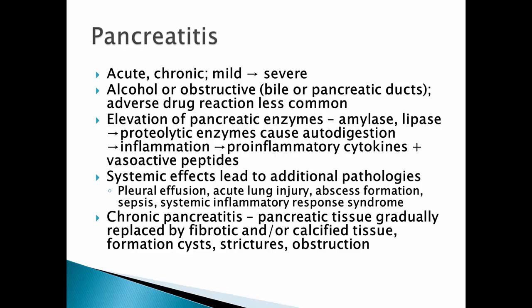Pancreatitis occurs across the age ranges. For example, in an adult, the most common etiologies of the pathology are alcohol or gallbladder disease, which would be an obstructive process of the bile ducts. In children, the most common pathologies relate to biliary system abnormalities.